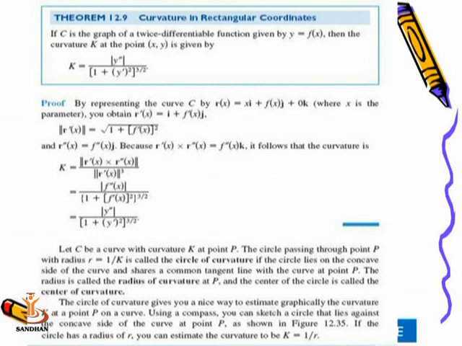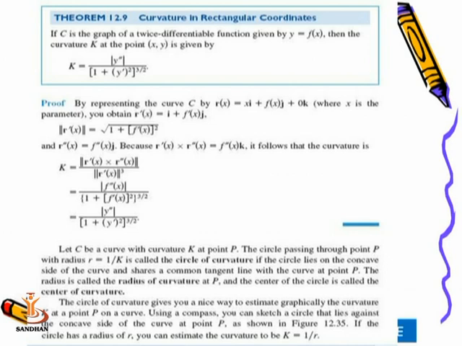Let C be a curve with curvature k at a point P. The circle passing through the point P with radius r equal to 1 by k is called the circle of curvature. The circle lies on the concave side of the curve and shares a common tangent line with the curve at the point P.